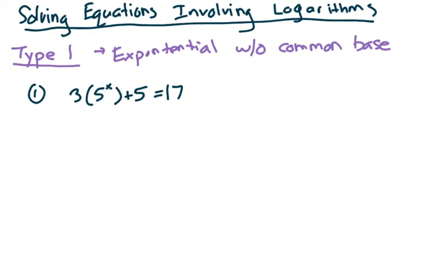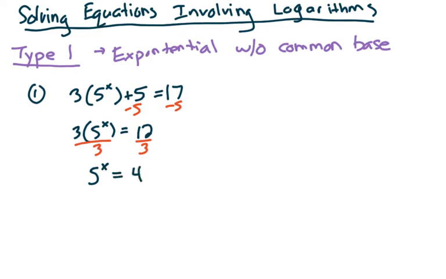So to do that, the first thing I'm going to do is subtract 5 from each side. And then I need to get rid of the times 3 in front. You cannot multiply these together because the 5 has an x. So to get rid of the times 3, we're going to divide each side by 3. So we get 5 to the x equals 4.